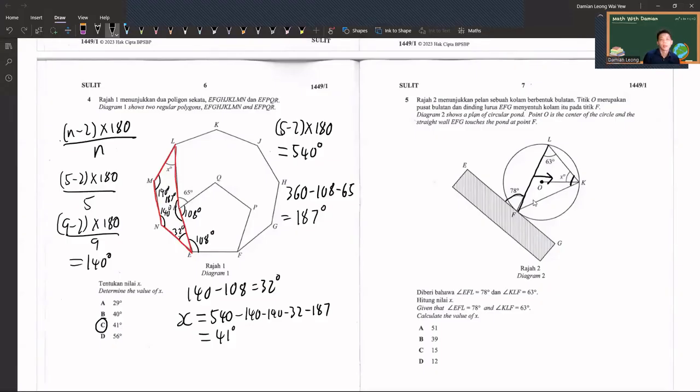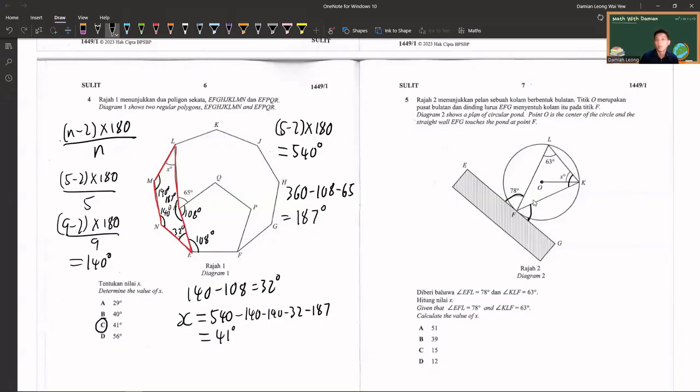Okay, the angle FKL. So this is the angle in the alternate segment. Okay. Same goes here. Will be same as 63 also. That's how we use angle in alternate segment. The same as the angle opposite of the chord. Okay. So 78 here. Here would be 78 as well.